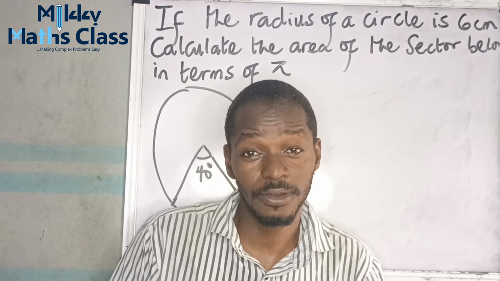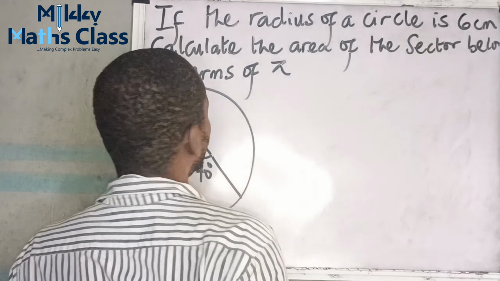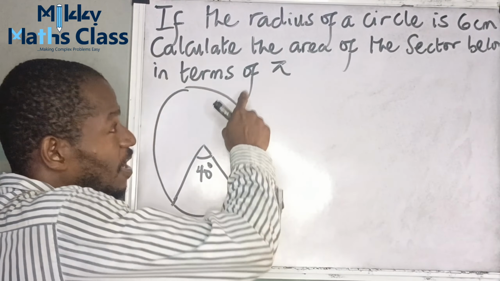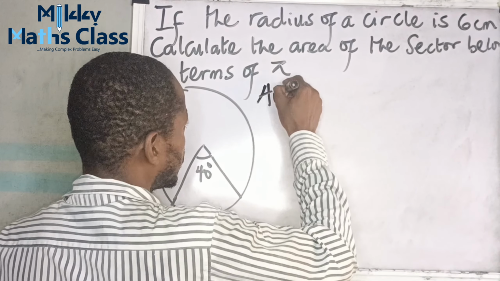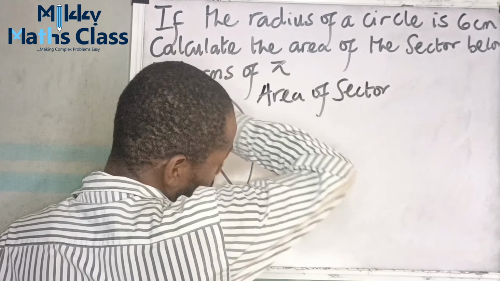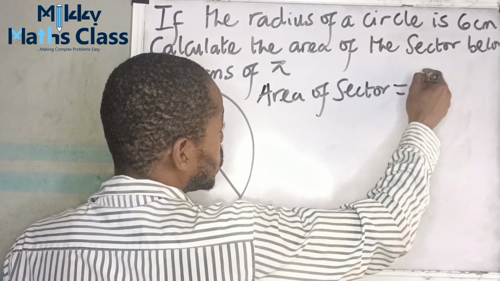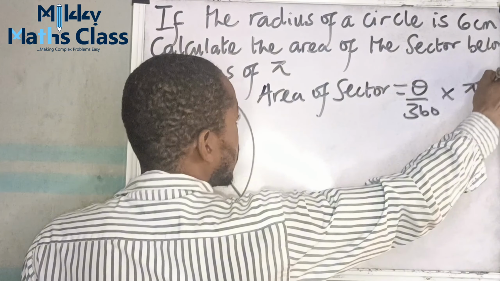All right, let's look at the second example. It says if the radius of a circle is 6 centimeter, calculate the area of the sector below in terms of pi. So we already know that our area of a sector is equal to theta over 360 times pi r squared.